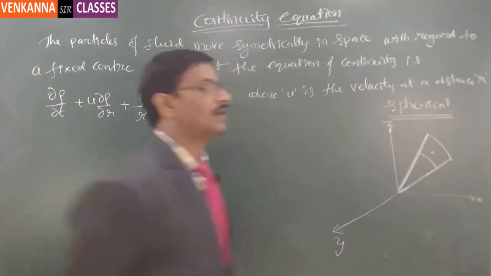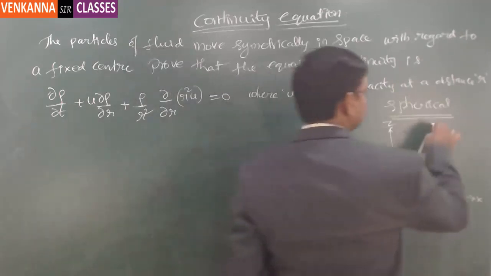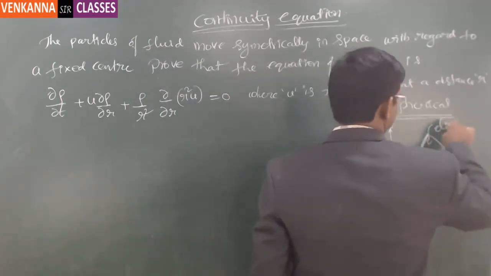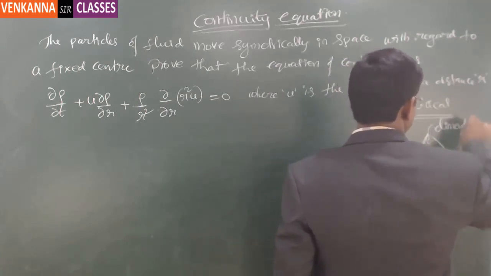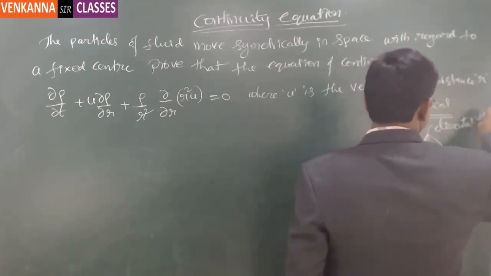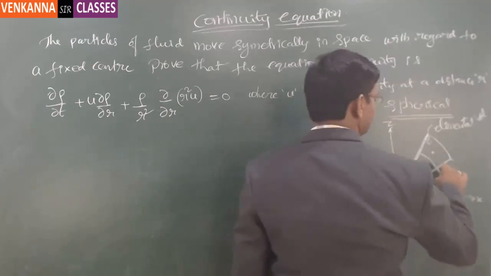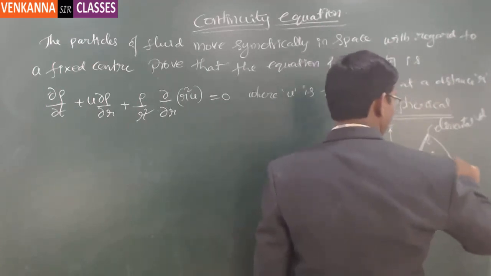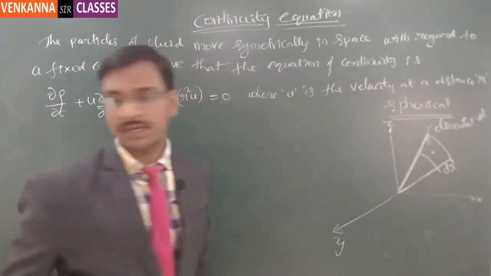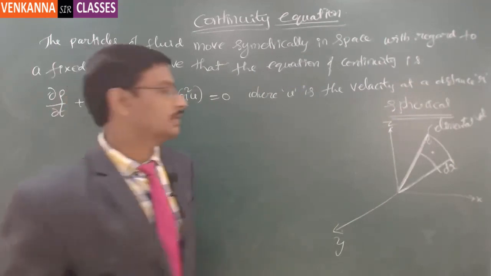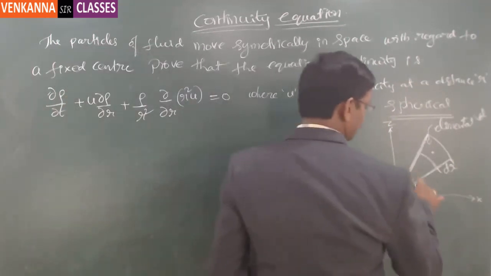Here I have considered an elemental volume. This length is dr, because it is the length along the direction of the radius, and this angle is theta.